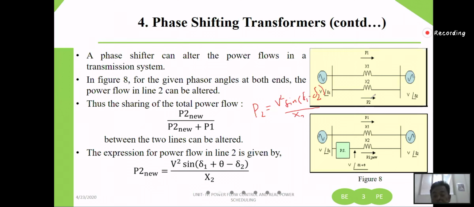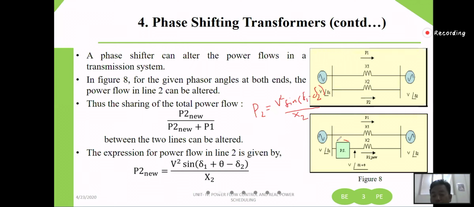So this power P2, in the original one without the introduction of the phase shifter, will be equal to V square sine delta 1 minus delta 2 divided by X2.